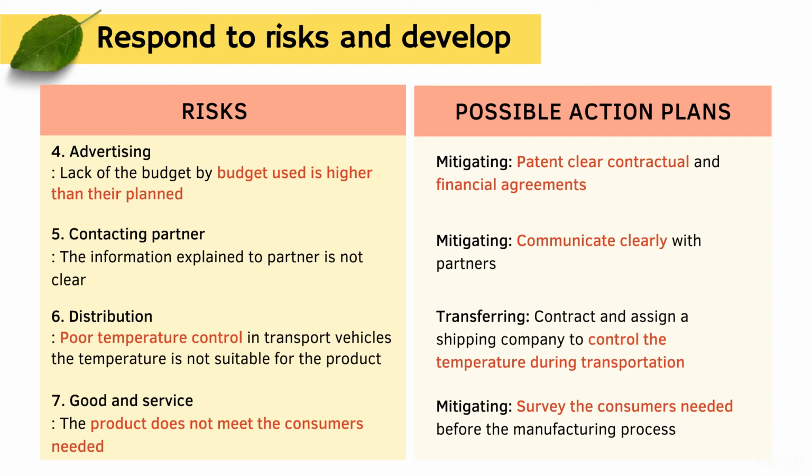If they do not control it and the product has lower quality, the shipping company must be responsible for the damage. And the last one is mitigating. We need to survey the marketing trend and also what interests the consumers at that time, before manufacturing, to meet the consumers' and market's needs after launching the products.